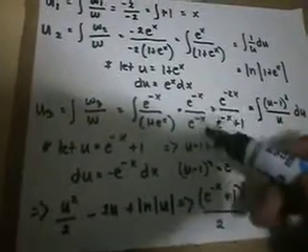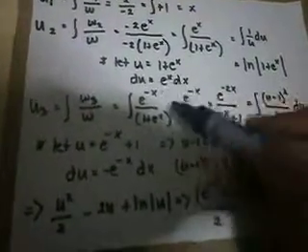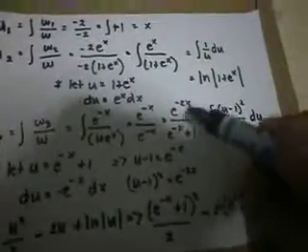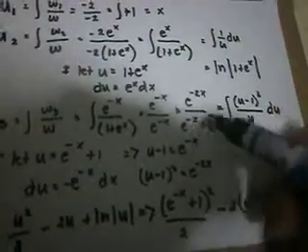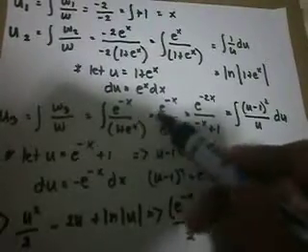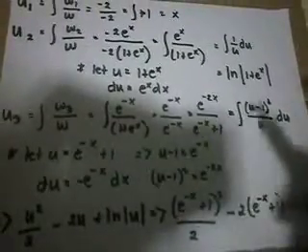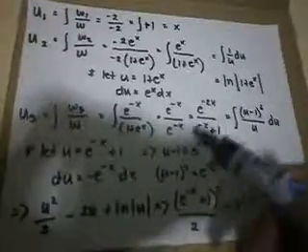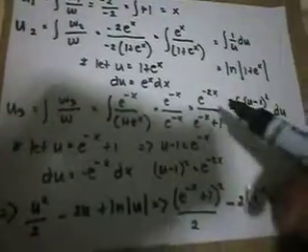But in order for us to integrate this, we need this multiplication, so we get e to the negative 2x over e to the negative x plus 1. Distributing, e to the negative x over e to the x over e to the negative x is just equal to 1.